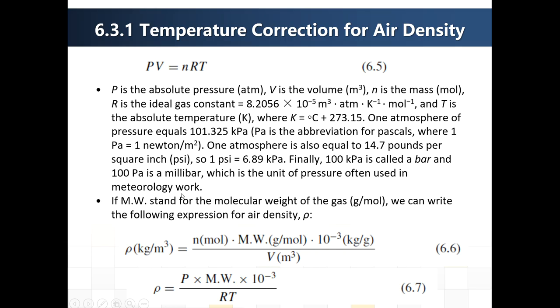And we know that 1 atmosphere of pressure is equal to 101.325 kPa. Pa is an abbreviation of pascals. And 1 Pa is equal to 1 Newton per square meter. 1 atmosphere is also equal to 14.7 pounds per square inch.